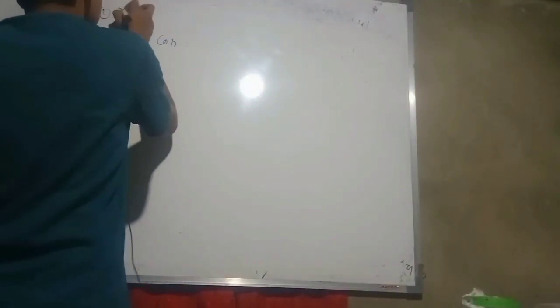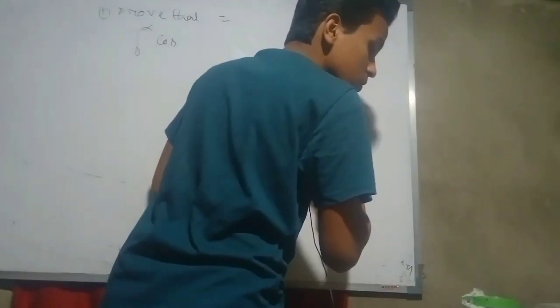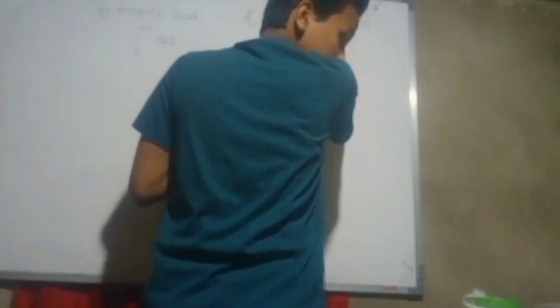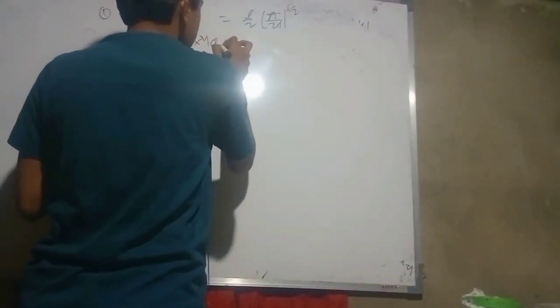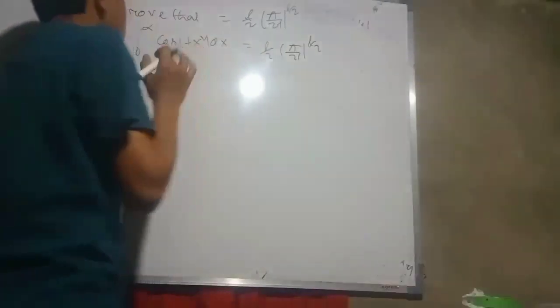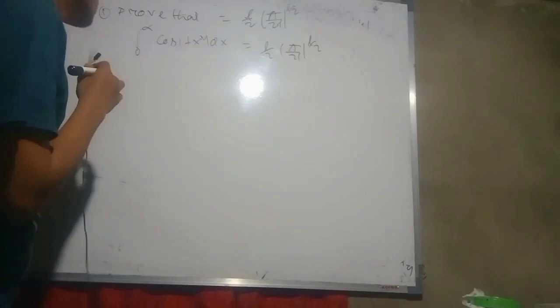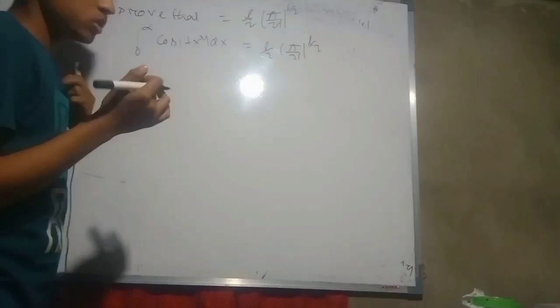The first question is: prove that the integral from 0 to infinity of cos(t x square) dx equals (1/2) square root of (pi/(2t)). So this is the question, we have to prove it. How do we prove it? Let's look at the procedure that I follow, so that you can follow it.